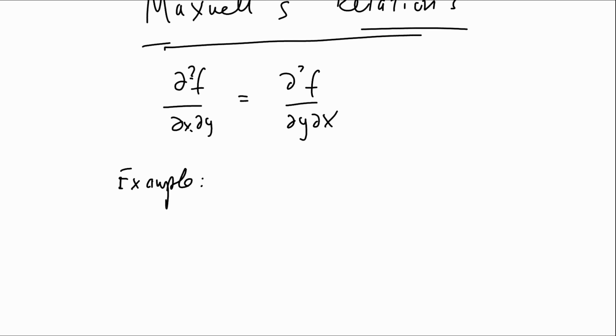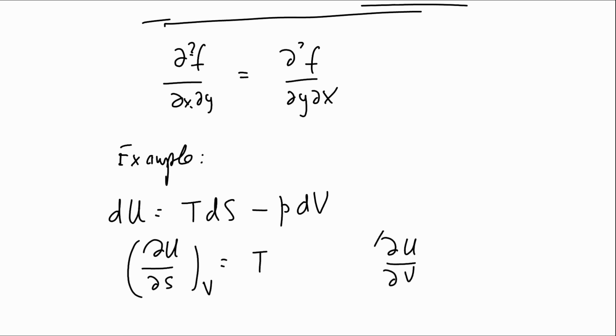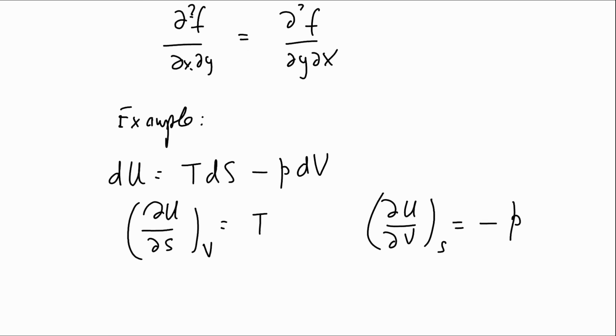is I go back to my du is T ds minus P dv. And this tells me that partial u, partial s, at constant v is T, and partial u, partial v, at constant s is minus P. So that's what I immediately read off here, okay?